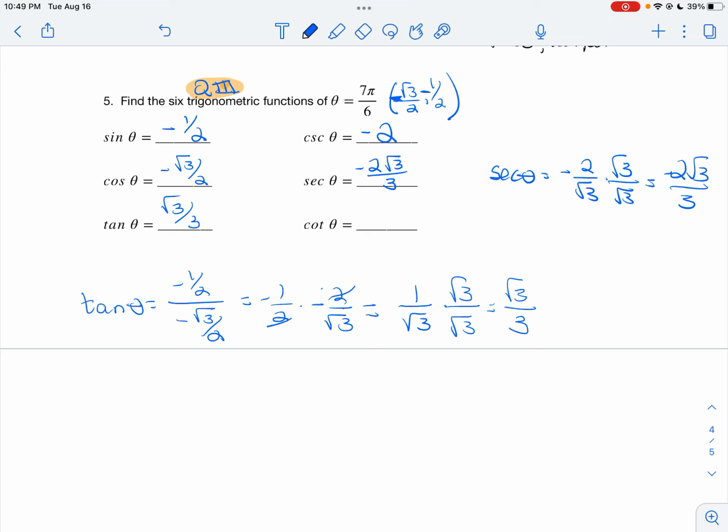And then cotangent is tangent flipped over. And rationalizing that gives me 3 the square root of 3 over 3, which is just the square root of 3. And that's how you find any of the trigonometric functions from the unit circle.